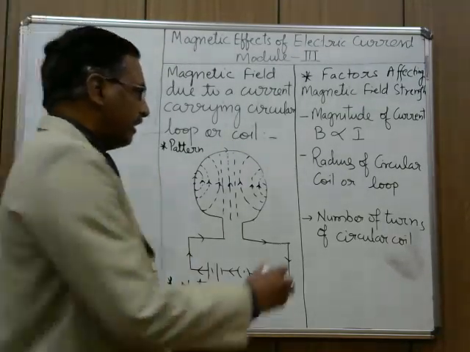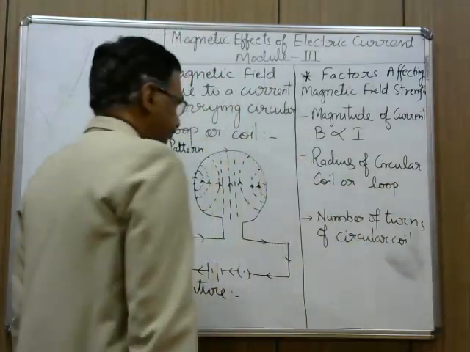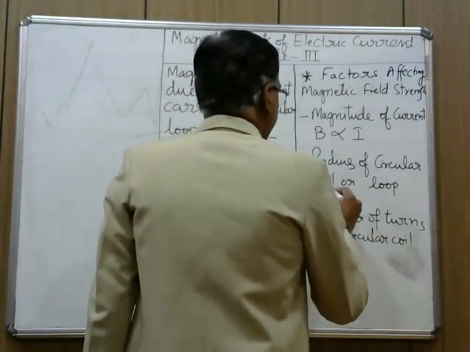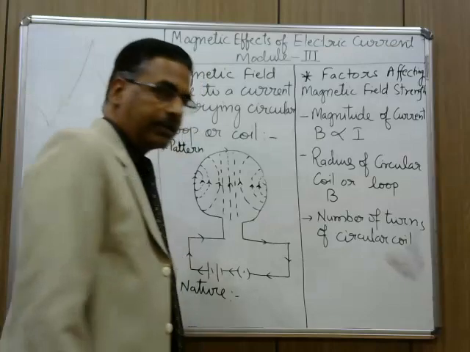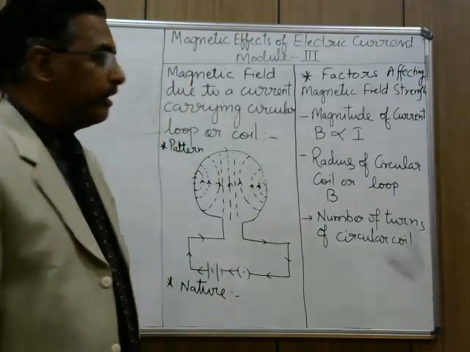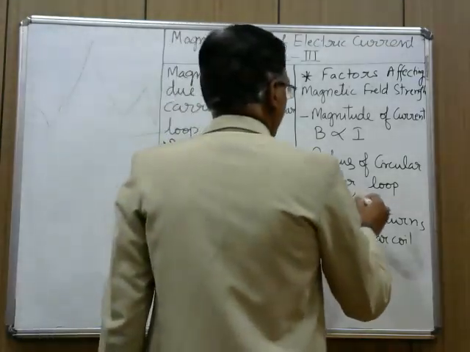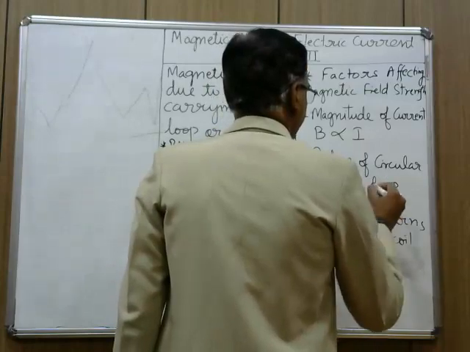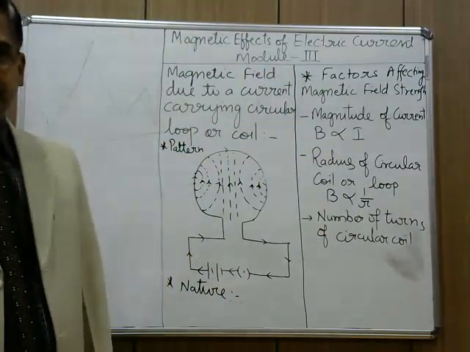Second, radius of circular coil or loop. Magnetic field strength at the center of the circular coil is inversely proportional to its radius, where r is the radius of the circular loop.